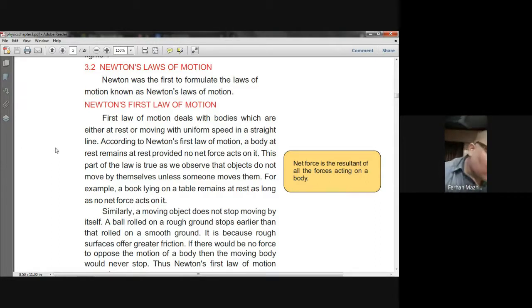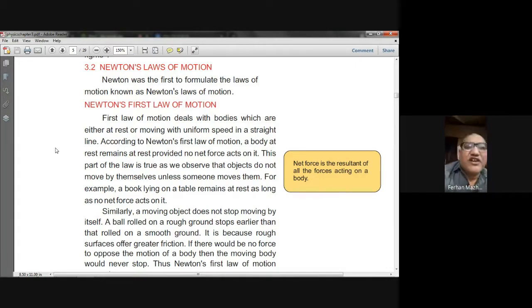When there is a net force acting, the ball will stop. And those forces are invisible. The friction it has with the floor, we don't see it. The air resistance which it is getting, we don't see it. That's why we wonder why it is not continuing motion forever.